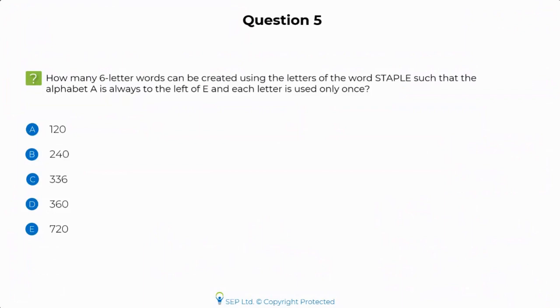Question number 5. Slightly different, but can be solved using counting again. I'm going to give you a minute and a half to maximum 2 minutes for solving this question as well. So all the best, guys. And I'm going to mute myself in the meantime.